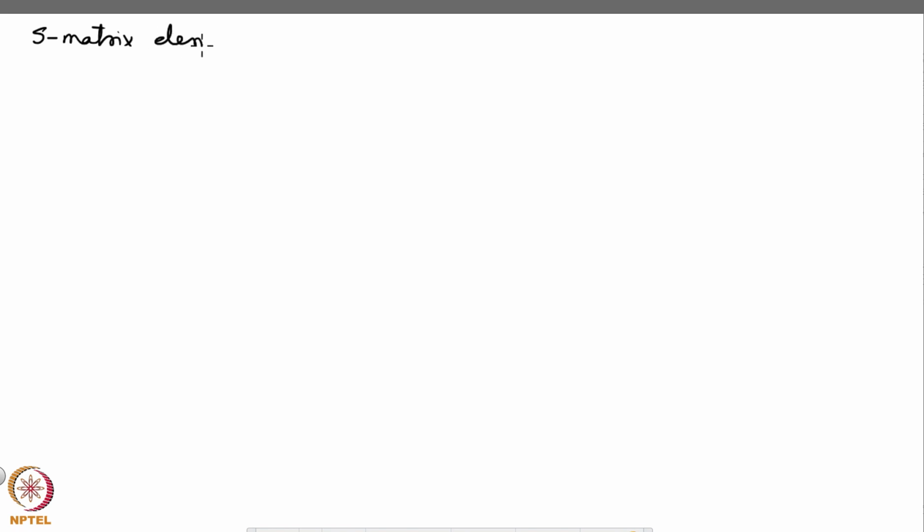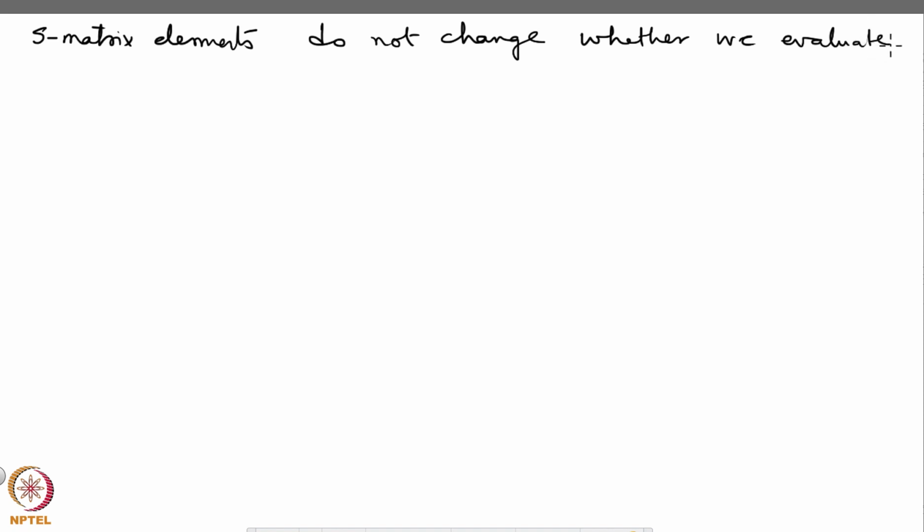S matrix elements do not change whether we evaluate them using bare quantities or renormalized quantities.